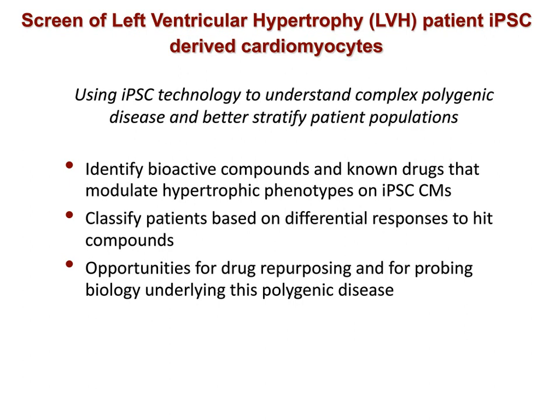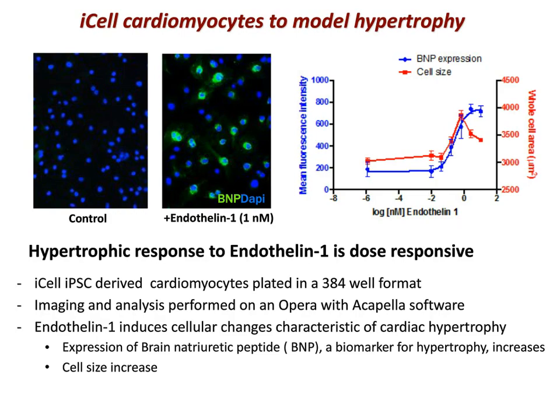So this next slide describes the hypertrophy model that was used. Briefly, iPSC-derived control cardiomyocytes are plated on 384-well microtiter imaging plates and then treated with the secreted protein endothelin-1, a well-known inducer of hypertrophy. Using PerkinElmer's high-content system, images were acquired on the Opera and analyzed with Acapella software.